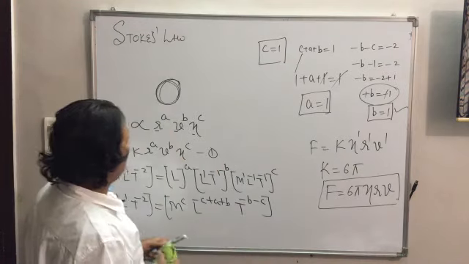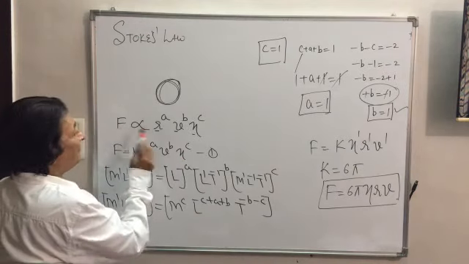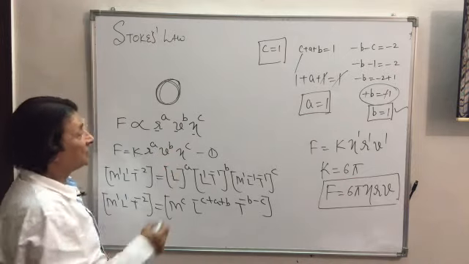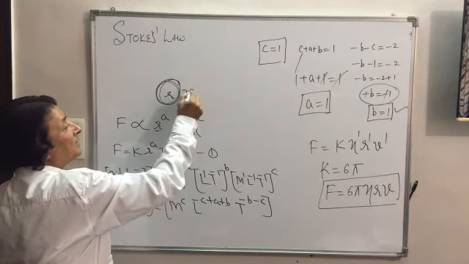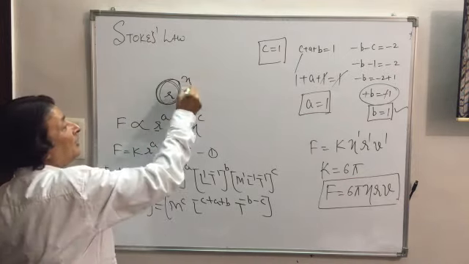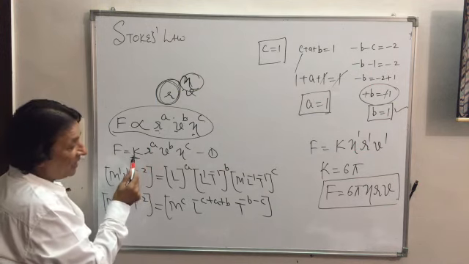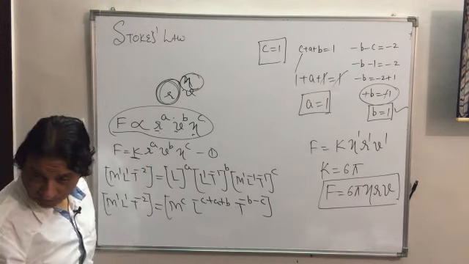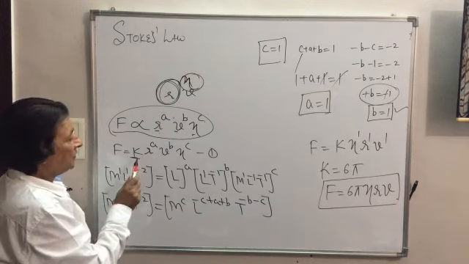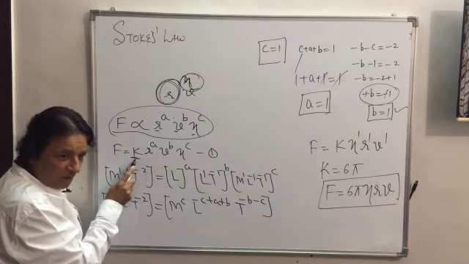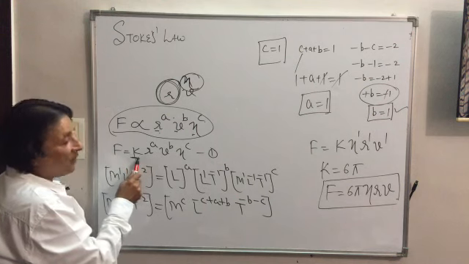Once again, I tell you the steps. Step 1: F depends upon what factors? Radius, velocity, and coefficient of viscosity, that is eta. So we write F is proportional to R to the power A, V to the power B, eta to the power C. Removing the proportionality sign, we have to introduce a constant K. K depends upon the experimental value, so dimensional analysis is silent about K. K is found experimentally.